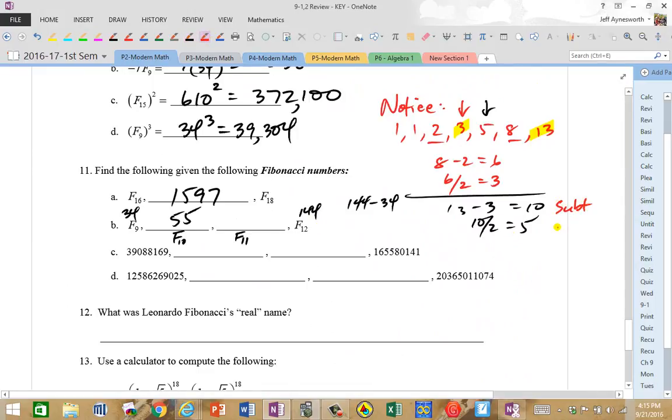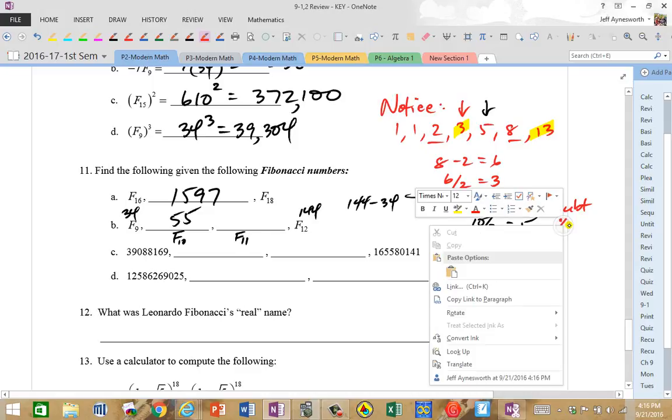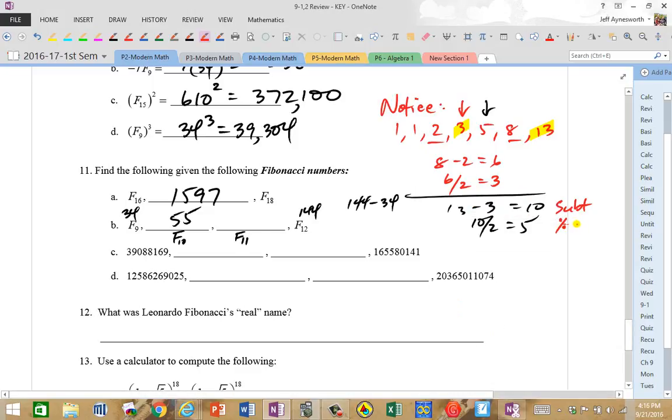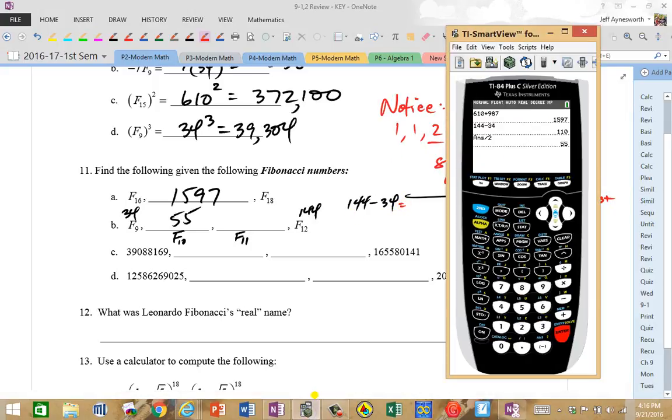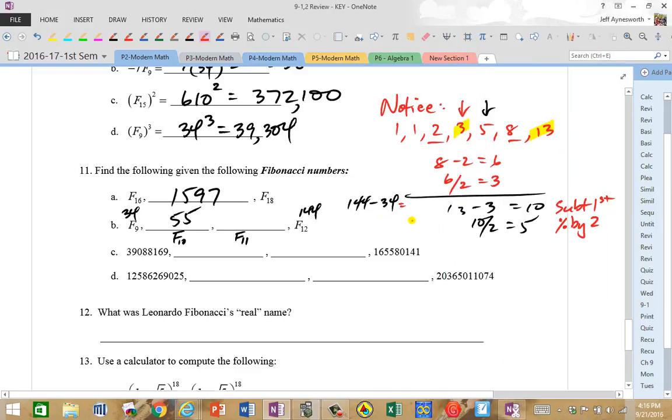Subtract first and then divide by 2. So 144 minus 34, that's 110, divided by 2 is 55, and that number goes here. And then 34 plus 55, well, that's F11, right? And that's 89, okay? And then you just add the previous two to get to the next one.